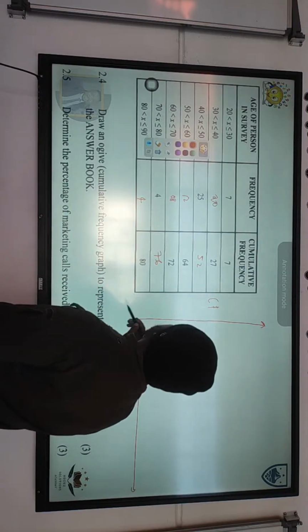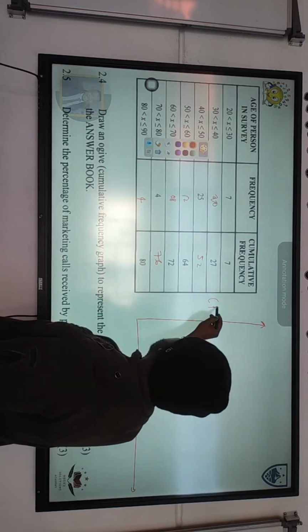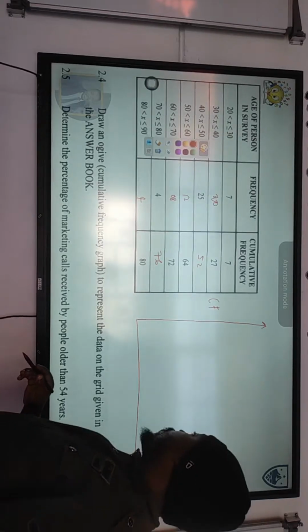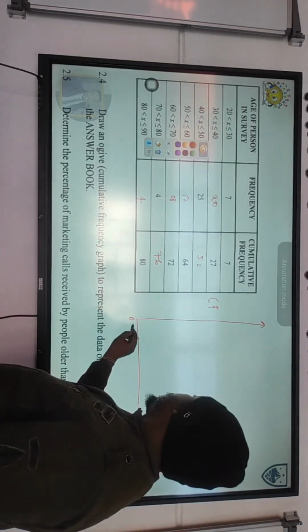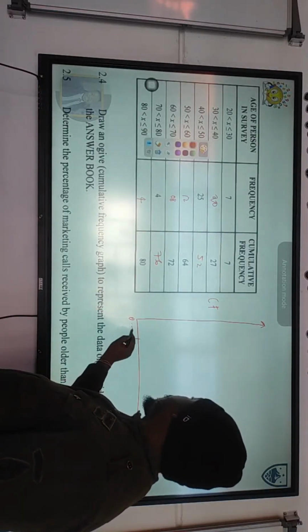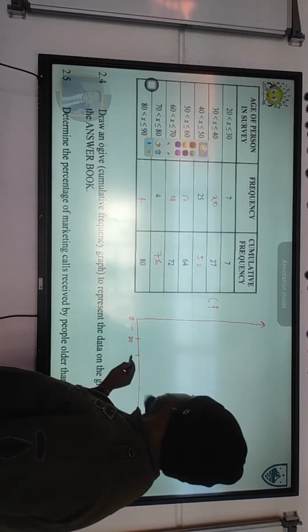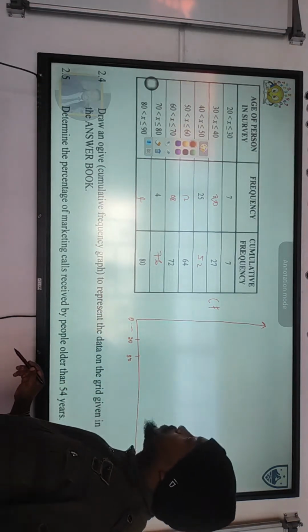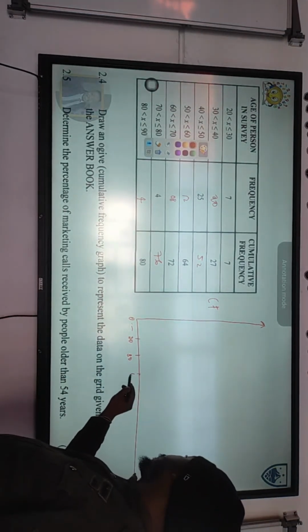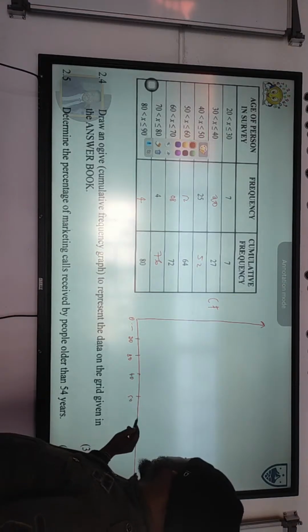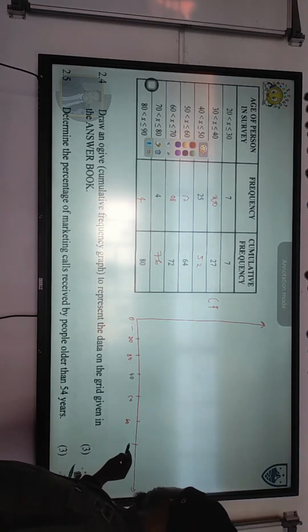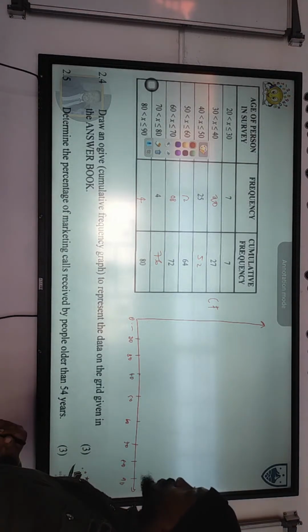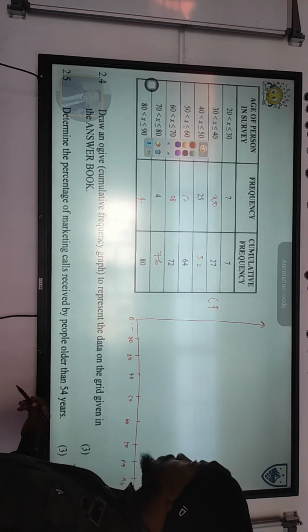So this is the CF, and then you'll have your intervals. You can do this. And please label it.